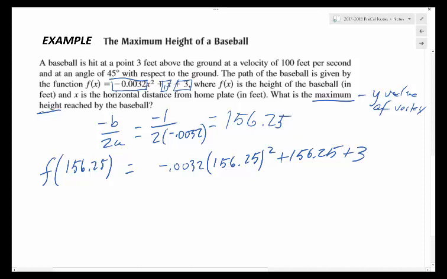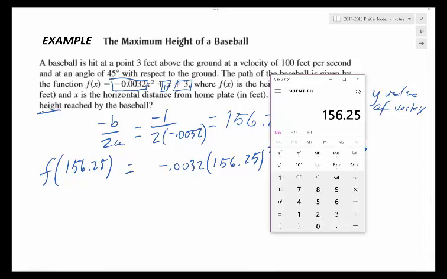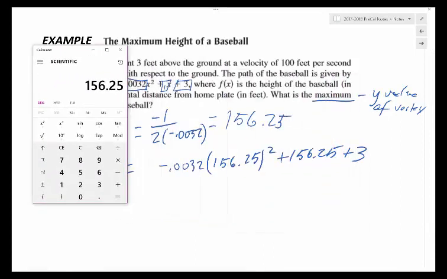So now I'm going to do a much more lengthy calculation. So I'm going to take 156.25 and I'm going to square it, and I'm going to multiply it by negative 0.0032.